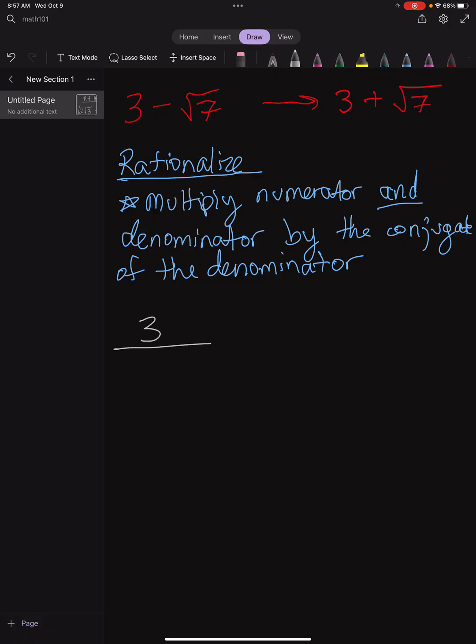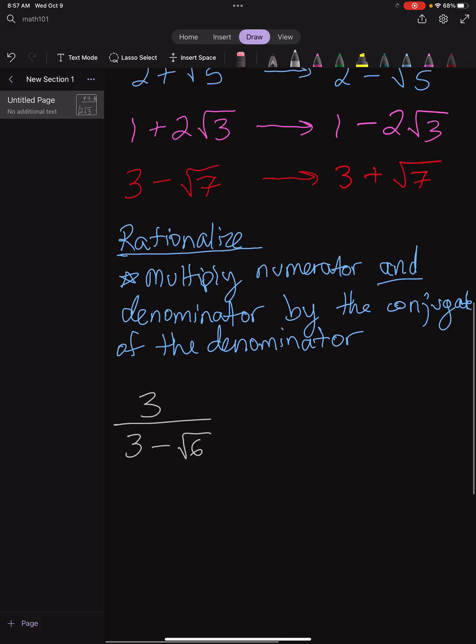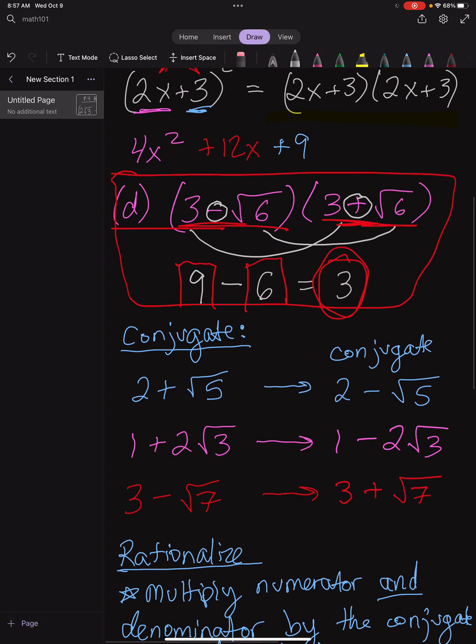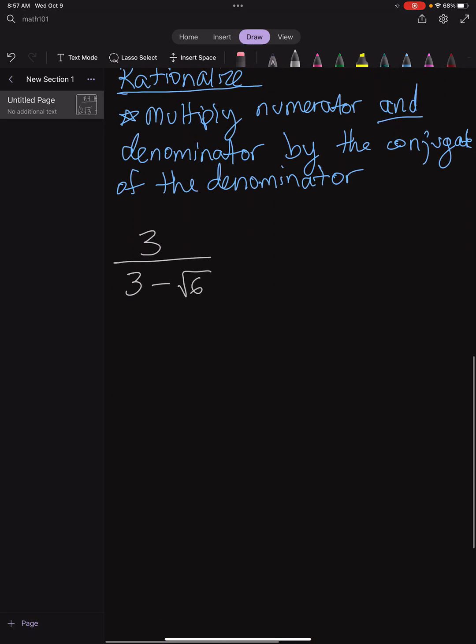The example in the book is 3 divided by 3 minus root 6. And we've already done this, actually, in example D. So what we're going to do is multiply numerator and denominator by the conjugate. Well, the conjugate is 3 plus root 6. And like I said, don't forget the numerator.